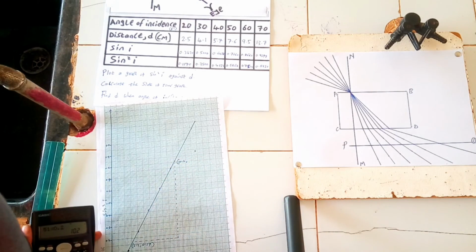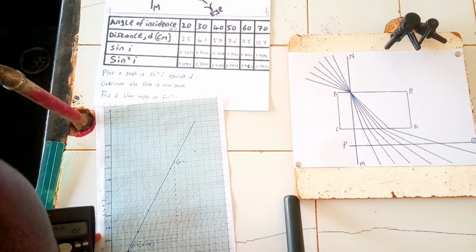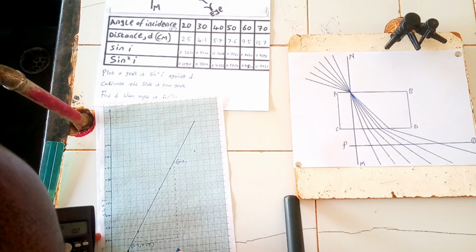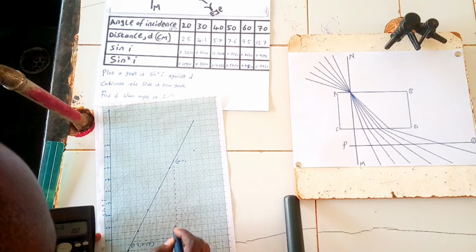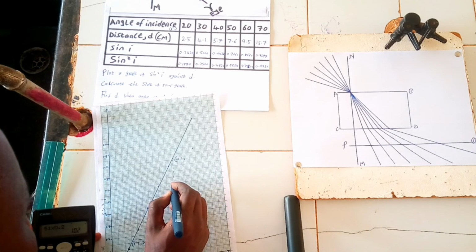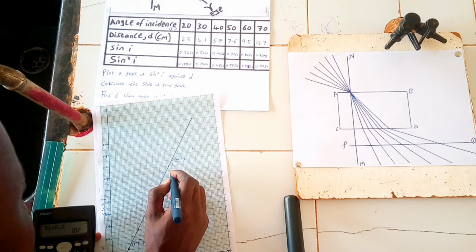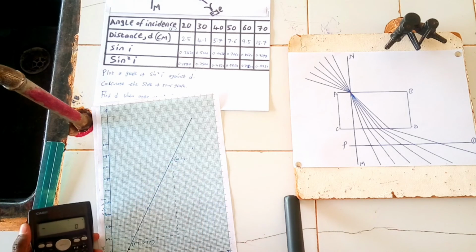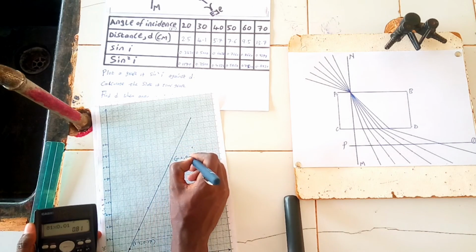Then on the upper side we have 10, 20, 30, 40, 50, 60, 70, 80, 81. So 81 times 0.01, that is 0.81.